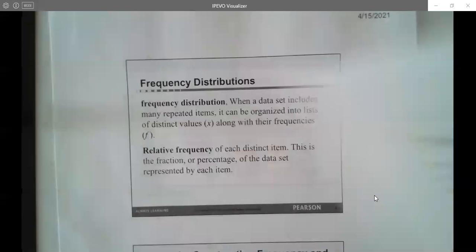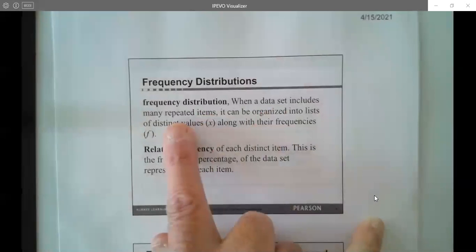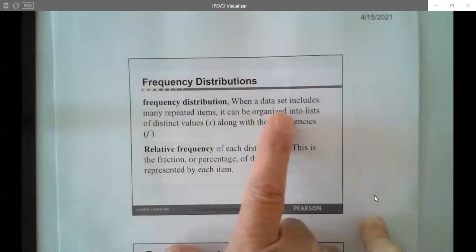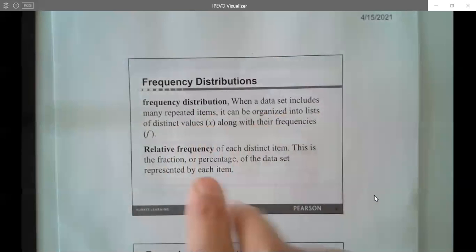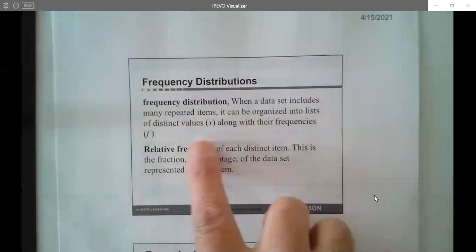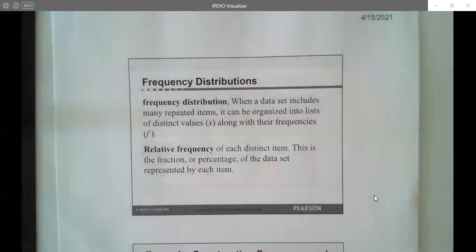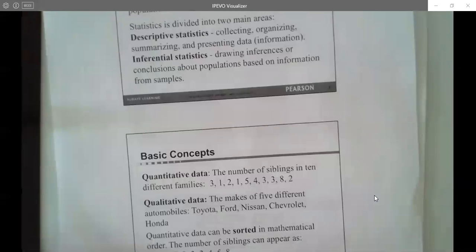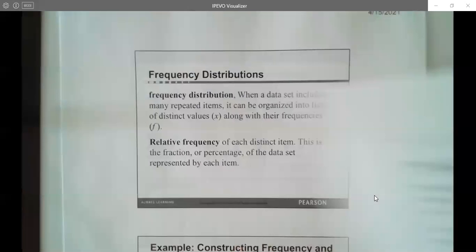Okay, a frequency distribution is used when a data set includes many repeated items that can be organized into distinct values. We use X for the first column, distinct values, along with their frequencies. X would be the type of item, in this case the number of siblings: 1, 2, 3, 4, and so on.